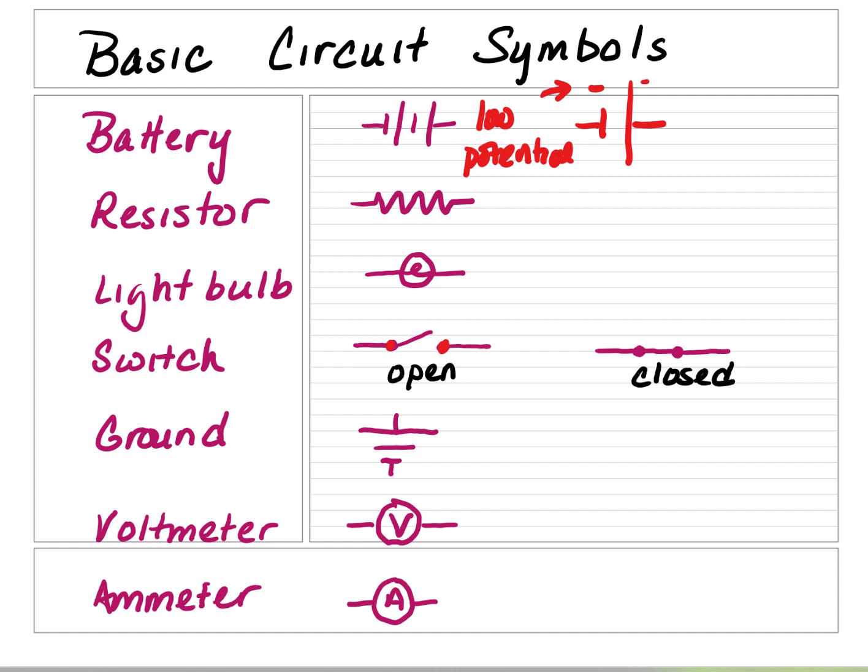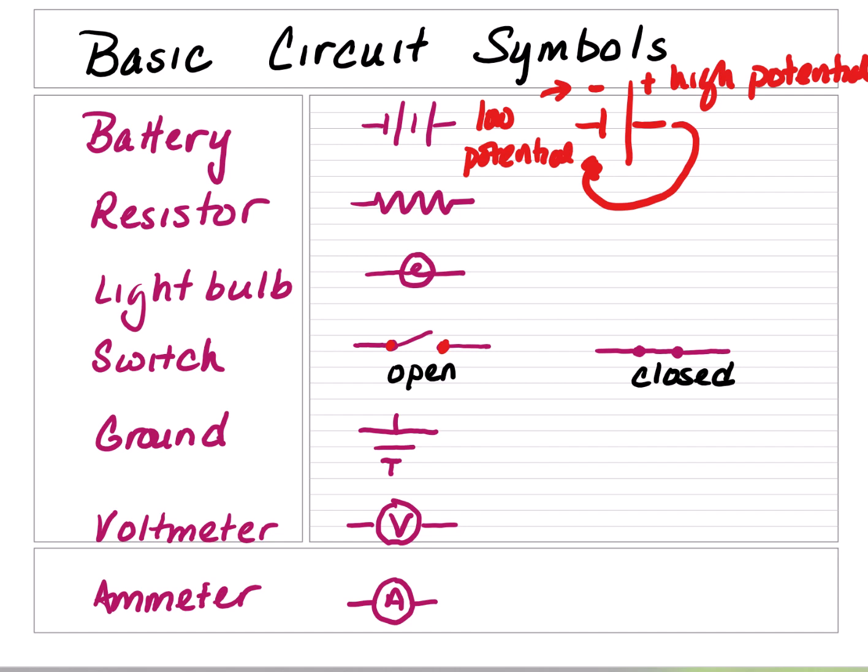The longer plate is positive, and it is known as the high potential. Current always flows from high to low by convention. The battery can be represented by multiple sets of parallel plates. They just have to come in pairs.